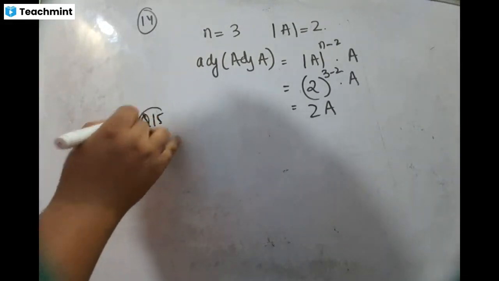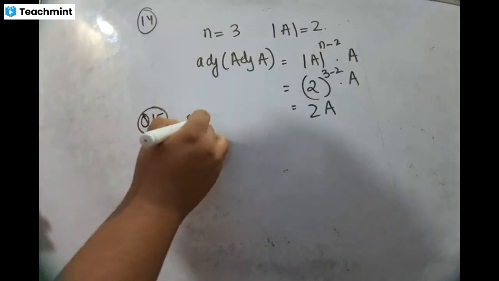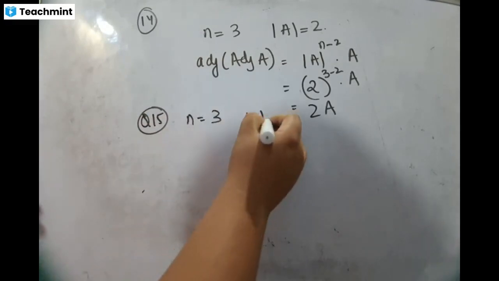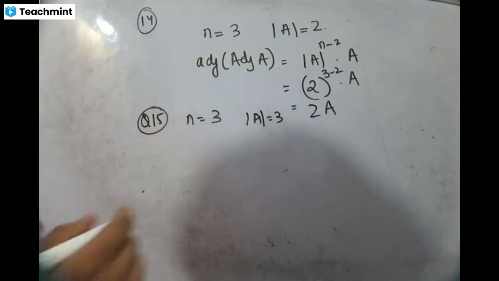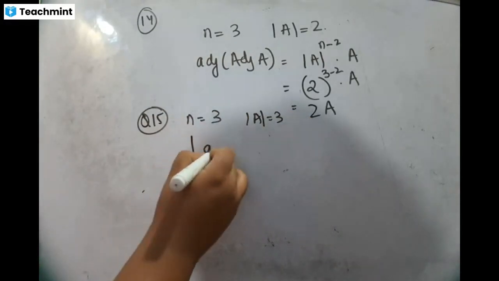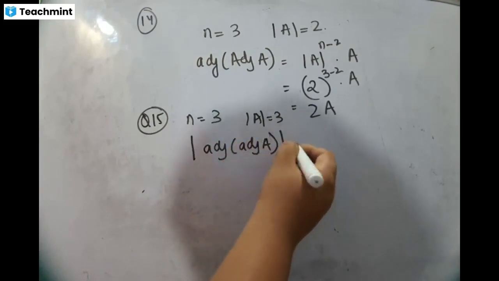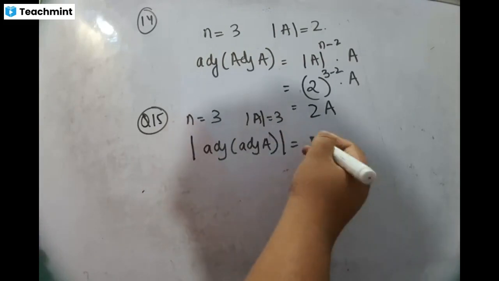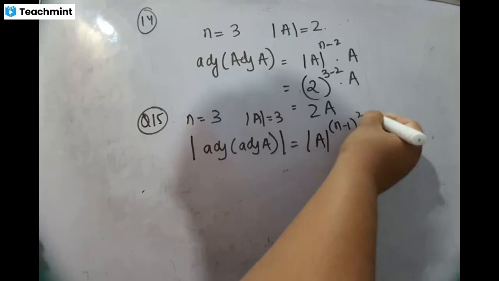Now question number 15. Question number 15 says, if A is a square matrix of order 3, the order is same, such that the determinant A is also given to be 3. Then you have to find out the value of the determinant of adjoint A. For this also there's a direct formula, which is determinant A to the power n minus 1, whole square.